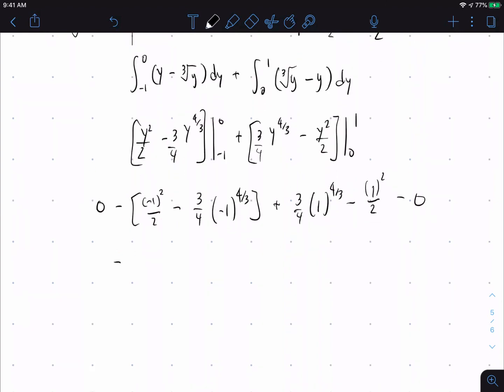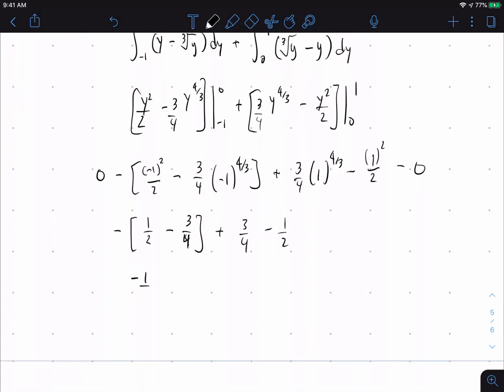So that's going to give me a negative 1/2 plus 3/4 plus 3/4 minus 1/2. Let's see, did I do that right? Oh no, I believe that should be a minus.